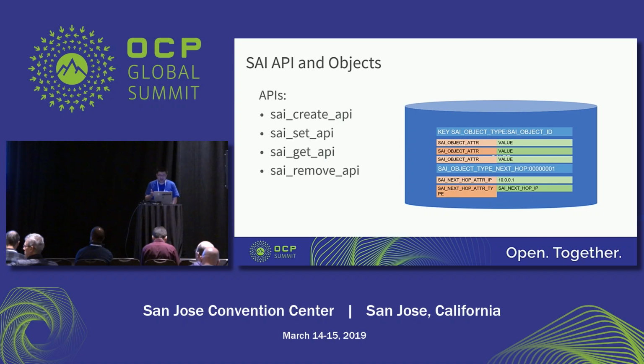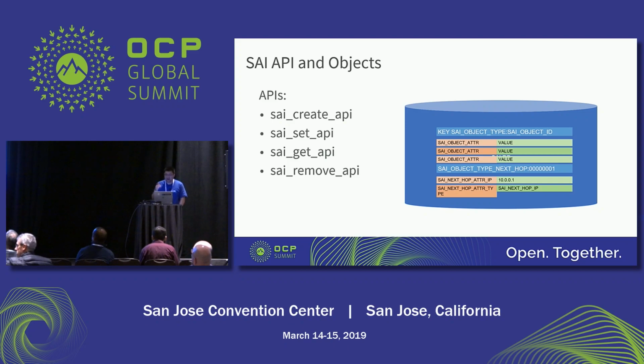If you look at the right side of the box, there is an example object. The object has a key, which is the object ID. When you create the object, you get the object ID. And inside the object, it's just a set of attributes.